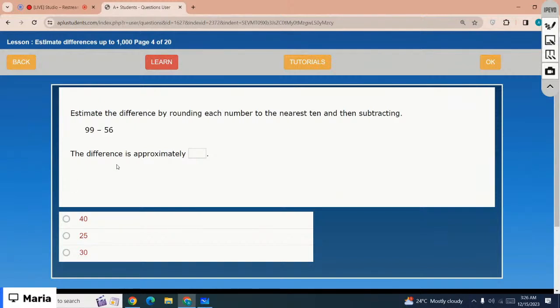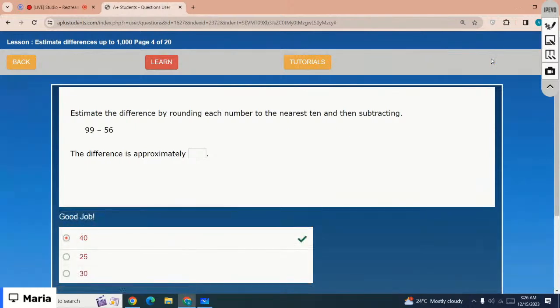And their difference must be 40. The correct option is 40, right?